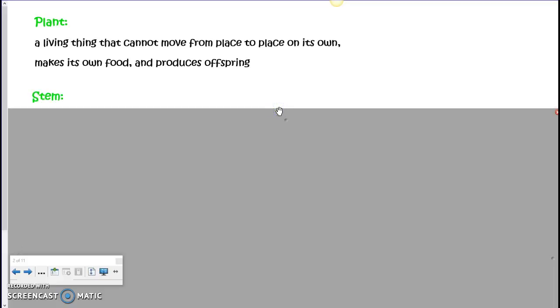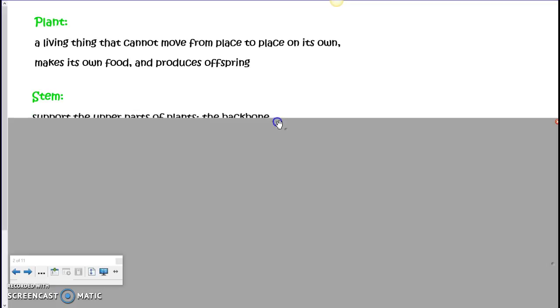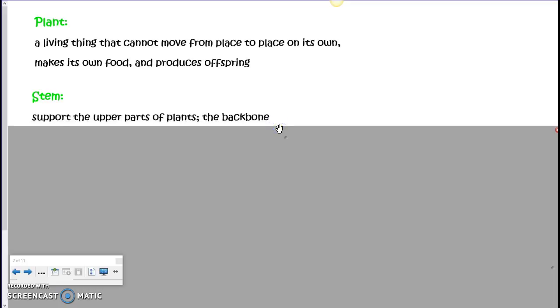Stem. Can anybody tell me what a stem is? Yes, Susie. The long green thing that holds the top of the flower. Okay, and sticks up out of the ground. All right, let's see. Support the upper parts of the plant or the backbone.